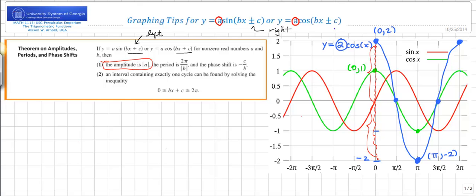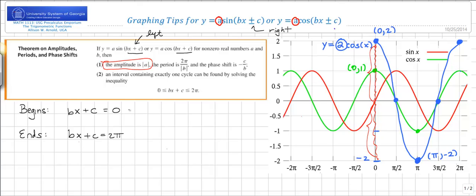The way to keep this simple is you're going to begin a cycle when the argument of your function, and I'll just do plus c here, is equivalent to 0. And you're going to end a cycle when the argument of your function is equivalent to 2 pi.